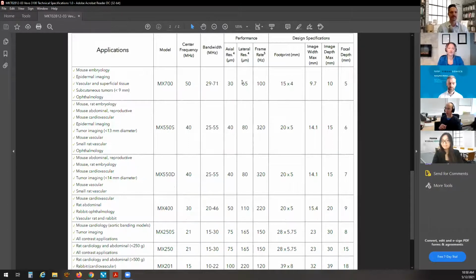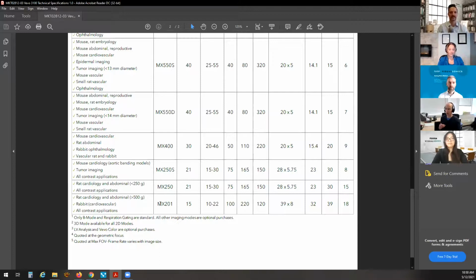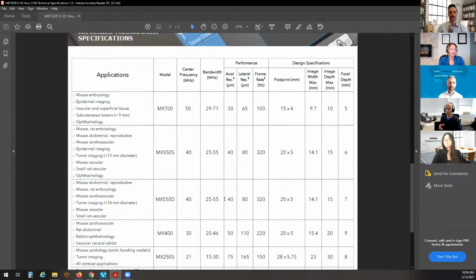As an example, the highest resolution transducer that we have, the MX700, will give you an axial resolution of 30 microns, versus down at the lower end, the 15 megahertz center frequency, will give you an axial resolution of 100 microns. So there is this interactive relationship between the transducer frequency and the resolution.